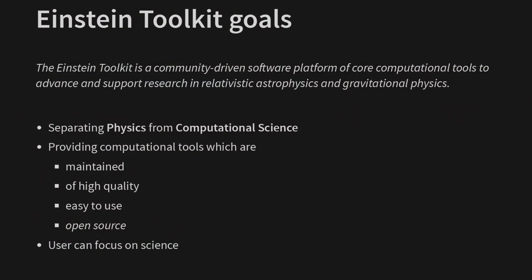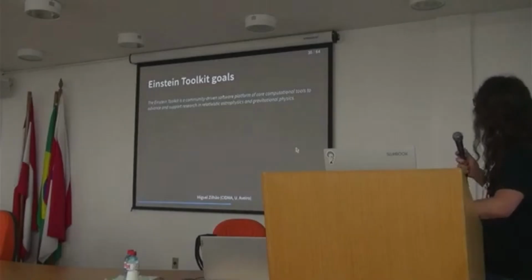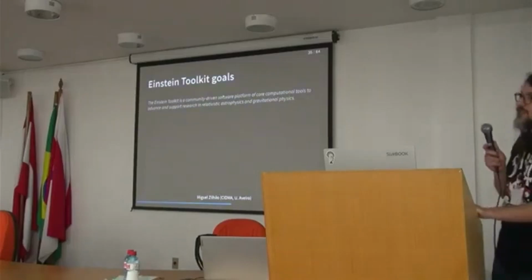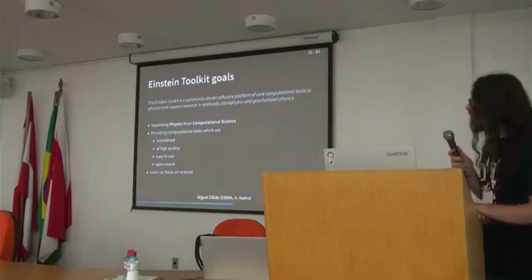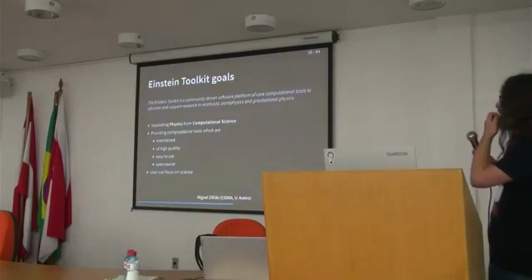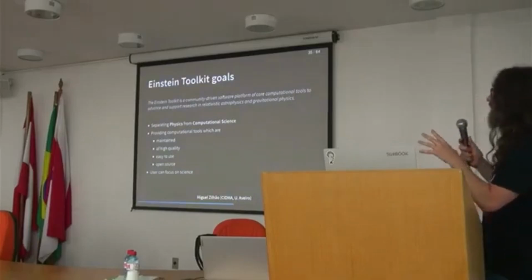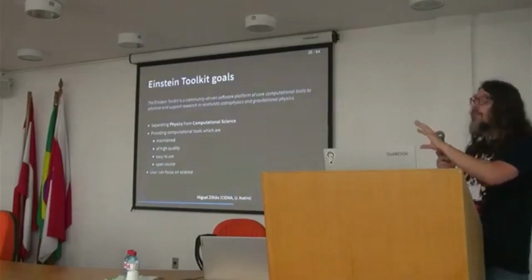So the goals are roughly this. I think I took this directly from the website. It's a community-driven software platform of core computational tools to advance and support research in relativistic astrophysics and gravitational physics. The idea behind this is the same as Cactus, in the sense that you want to separate physics from computational science.